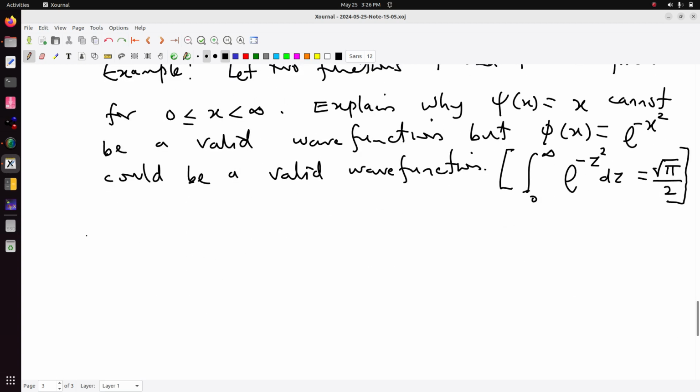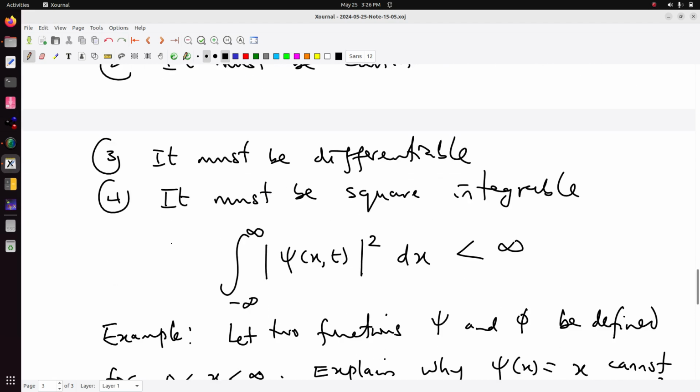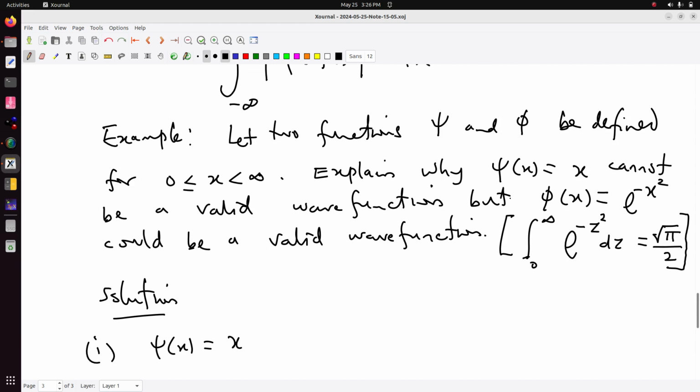Alright. Now we have to check the two wave functions for these conditions. It must be single valued. So let's look at the first case, psi of x equals x. This is single valued.